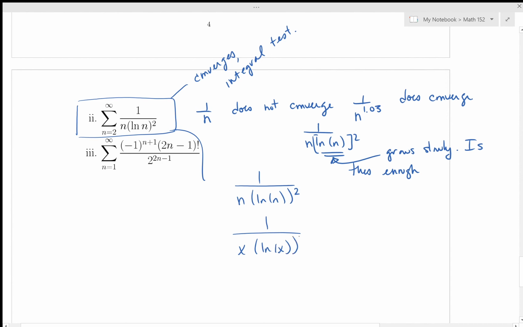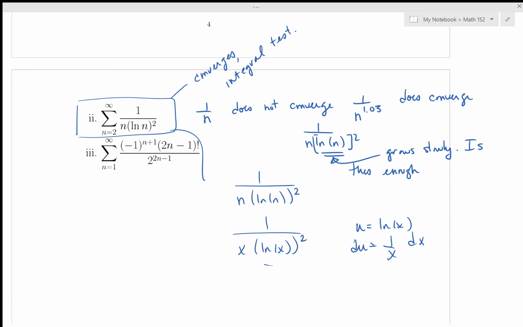I'm wondering, can I integrate it before I put a lot of effort into it? If I make a substitution, u equals log x, then du will be 1 over x dx. So it's going to be easy to integrate, and I'm going to be able to get the information out from the integral test.